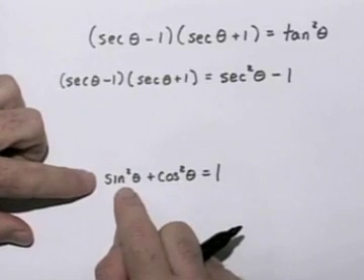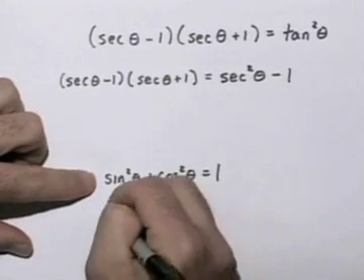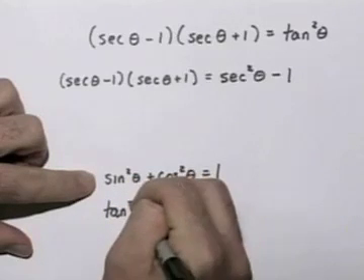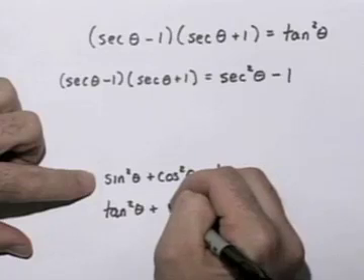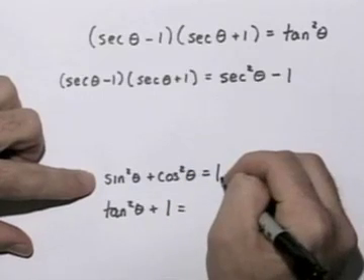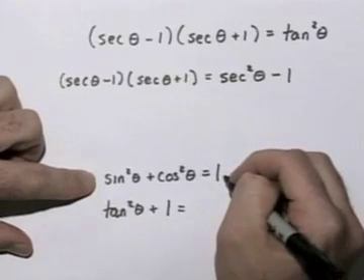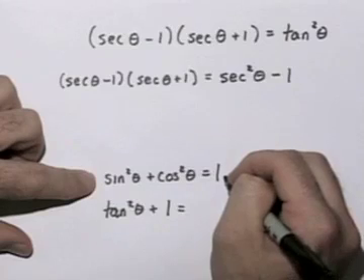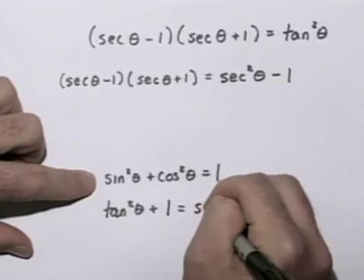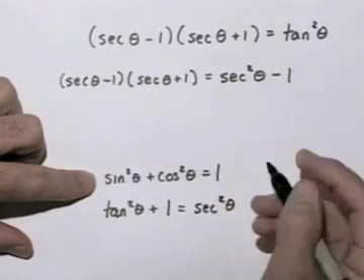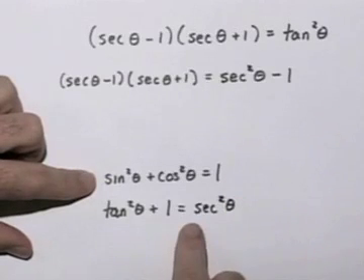Sine squared of theta over cosine squared of theta, which is tangent squared theta, plus cosine squared of theta over cosine squared of theta is 1, equals 1 over cosine squared of theta. Well, 1 over cosine of theta is secant theta, so 1 over cosine squared of theta is secant squared of theta. Now the manipulation part.